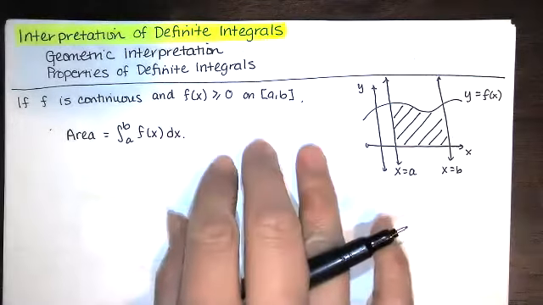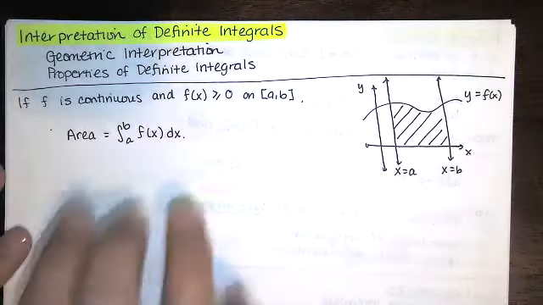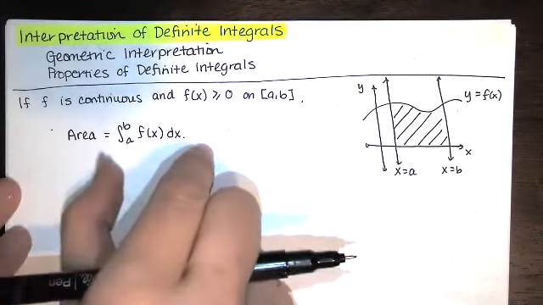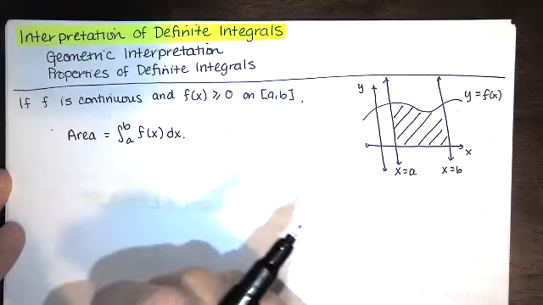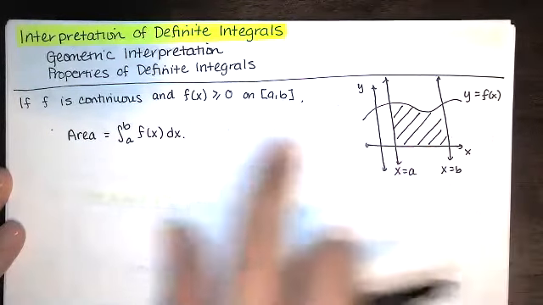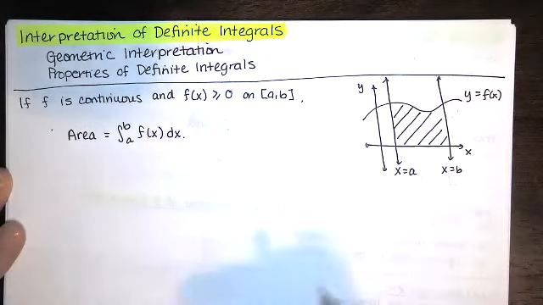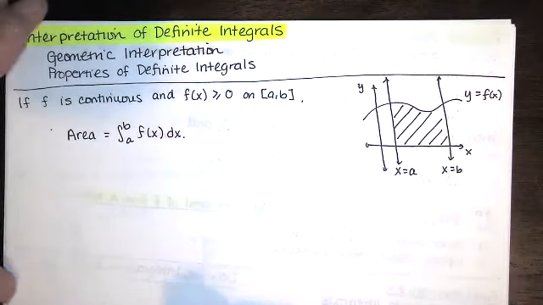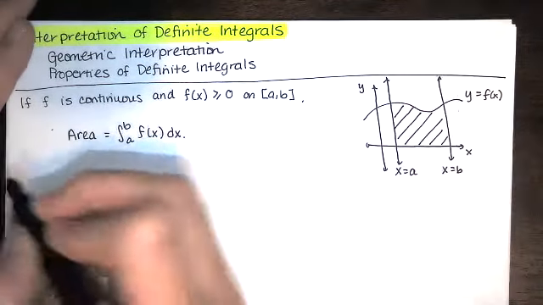Now, if the function is sometimes negative, we can't interpret it as area, but we can interpret this as net area. A definite integral always represents a number. That number could be positive, negative, or 0. If that function is greater than or equal to 0, like this, and it's continuous, then that number is area, and area is, of course, positive. But let's say that f is continuous and f is sometimes negative.